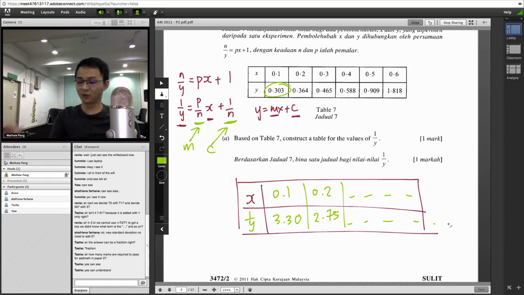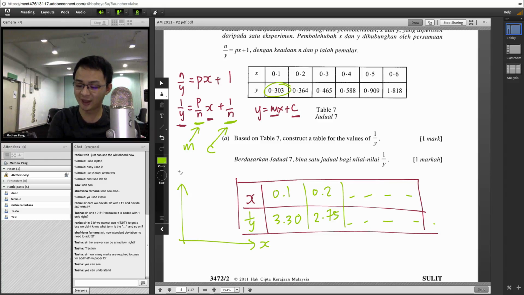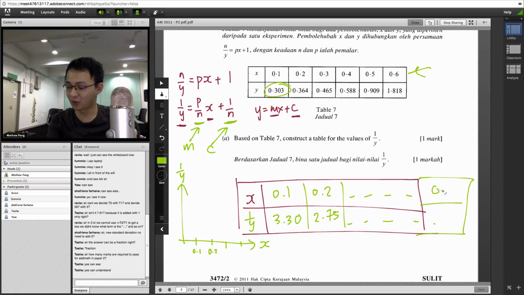Alright, then you will use a graph paper. You will take a graph paper and plot x against 1 over y. So you just plot whatever coordinates you have. Of course, your x is from 0.1 to 0.6. Maybe your 2 centimeters can be 0.1, 2 centimeters is 0.2, and then continue until 0.6. Should be enough places. And then for this one, you have to do until the last one. Let's say I do the last one, 0.6.